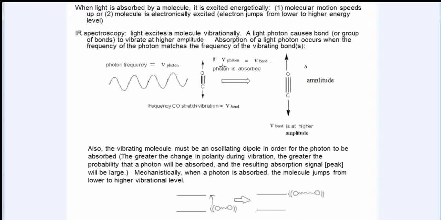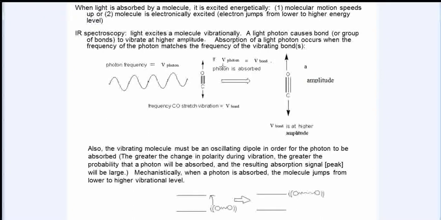Hertz is a cycle per second. Now, if a photon comes along whose frequency is the same value, namely 6.5 times 10 to the 13 hertz, it impinges on the oscillating bond, and other conditions are met, that photon gets absorbed, the amplitude of the CO vibration will increase, and the CO molecule becomes vibrationally excited.